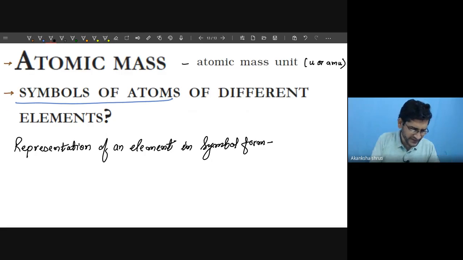Very first, it was Dalton, the same Dalton who has given Dalton's atomic theory.